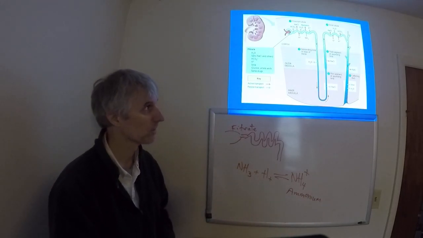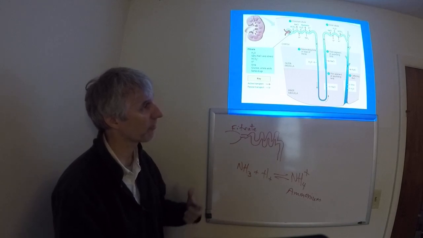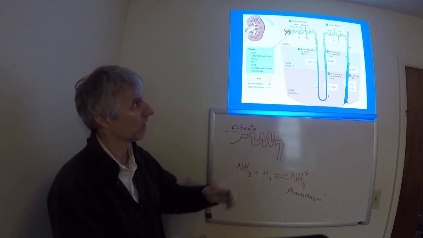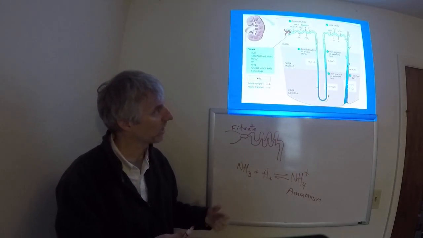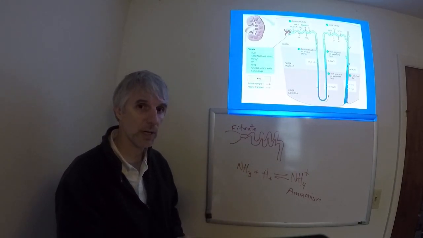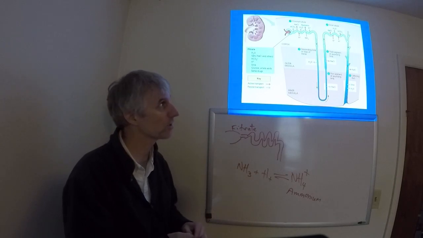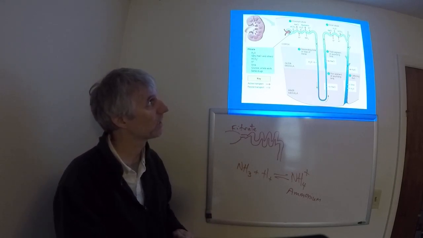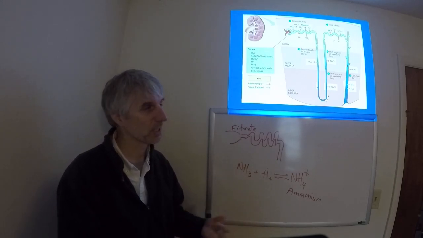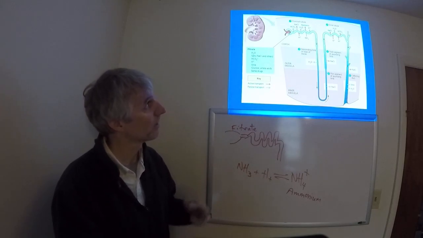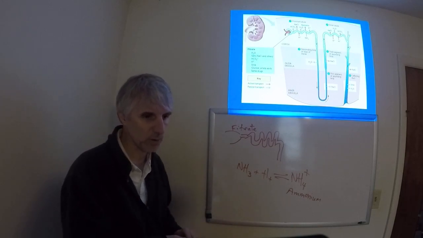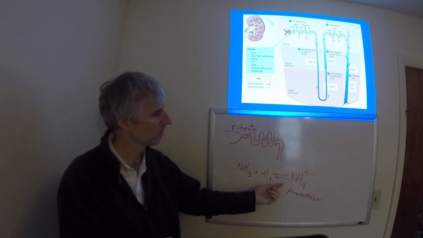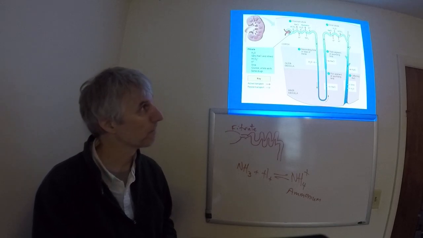Okay? So we're taking ammonia from the surrounding part here, in this case from the cortex. That ammonia is passively transporting, moving down its concentration gradient into the filtrate. That would be secretion, even though it's passive. And then that's combining with the hydrogen ions that were actively transported into the proximal convoluted tubule to form a bunch of this ammonium.